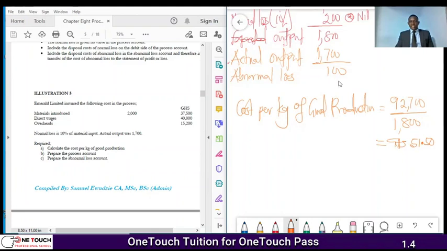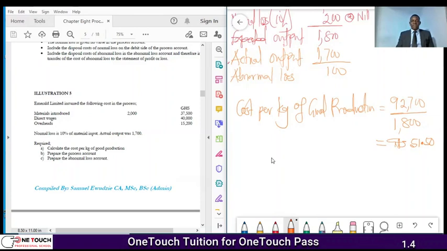So you can see that here, even though there was an abnormal loss, we didn't value the actual output, but rather valued the expected, because that loss in the process was a loss that we were not expecting.